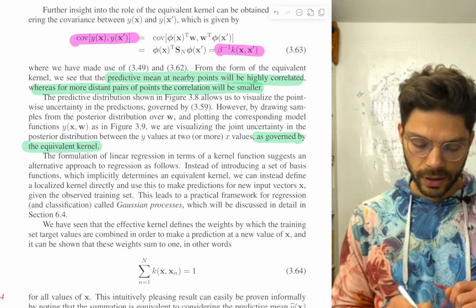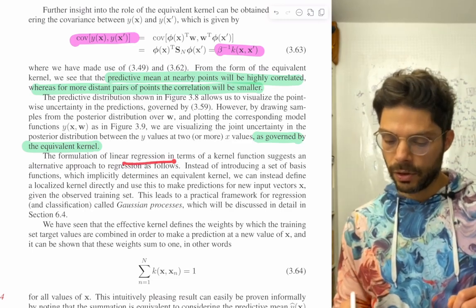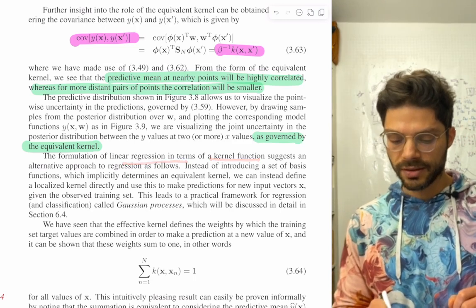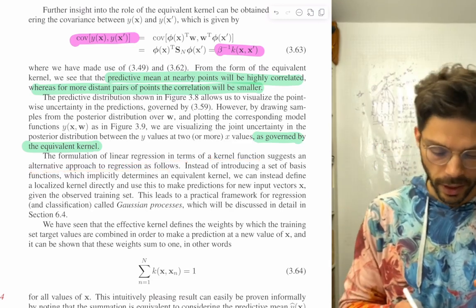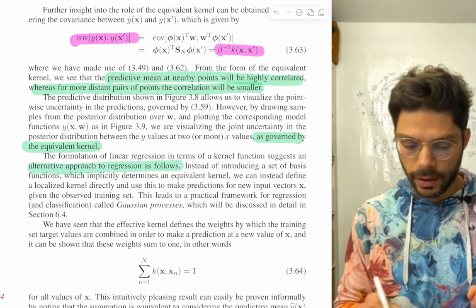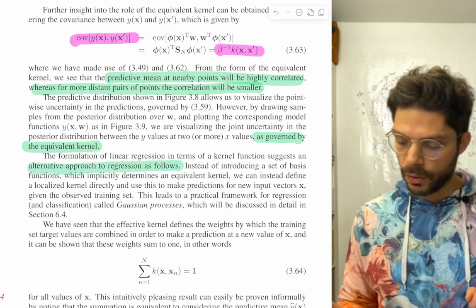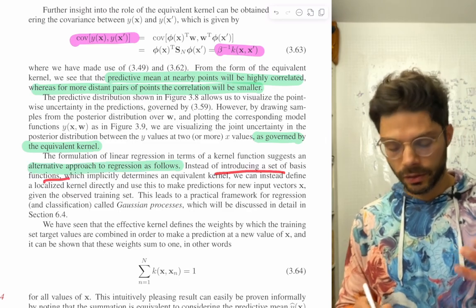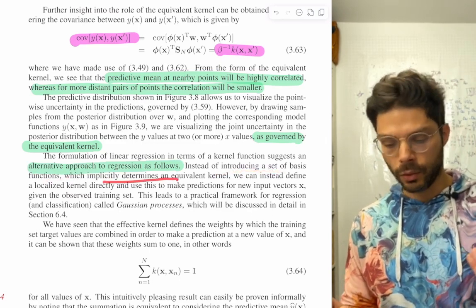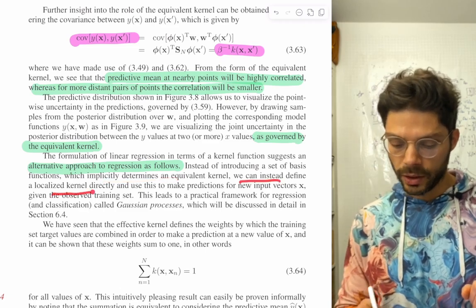Okay, so now he says, the formulation of linear regression in terms of a kernel function suggests an alternative approach to regression. That's what all this stuff is about. Instead of introducing a set of basis functions, which implicitly determines an equivalent kernel, we can define a localized kernel directly.